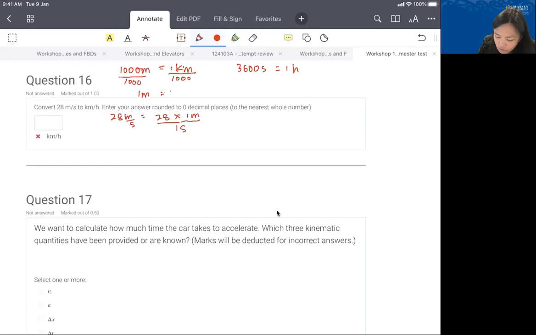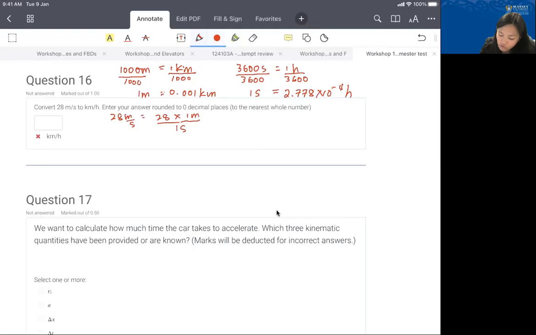So 1 meter will therefore be 0.001 kilometers. We do the same thing for the seconds. We want 1 second, not 3,600 seconds. If we divide by 3,600, we have 1 second on the left side, and we have to do the same thing on the right side. So that will be 2.778 times 10 to the minus 4 hours is to 1 second.